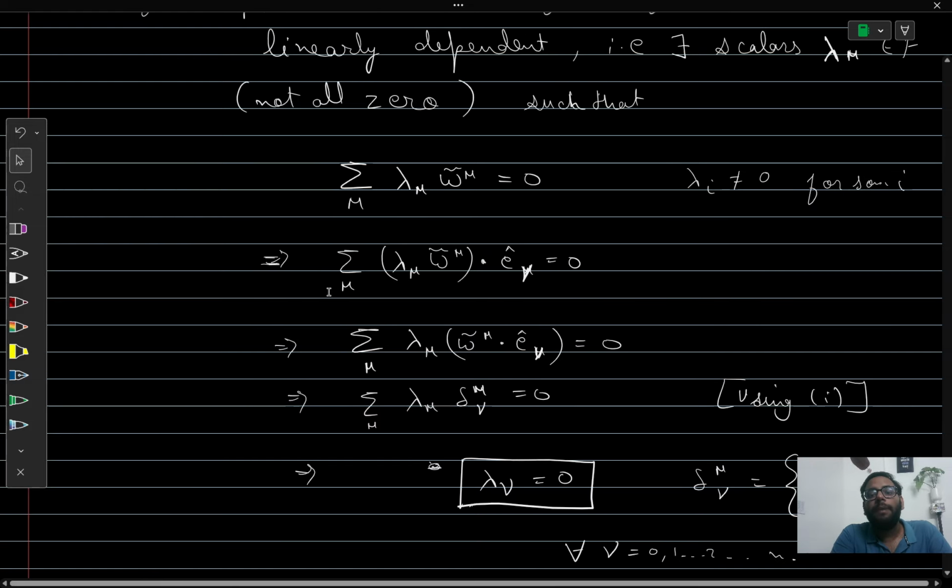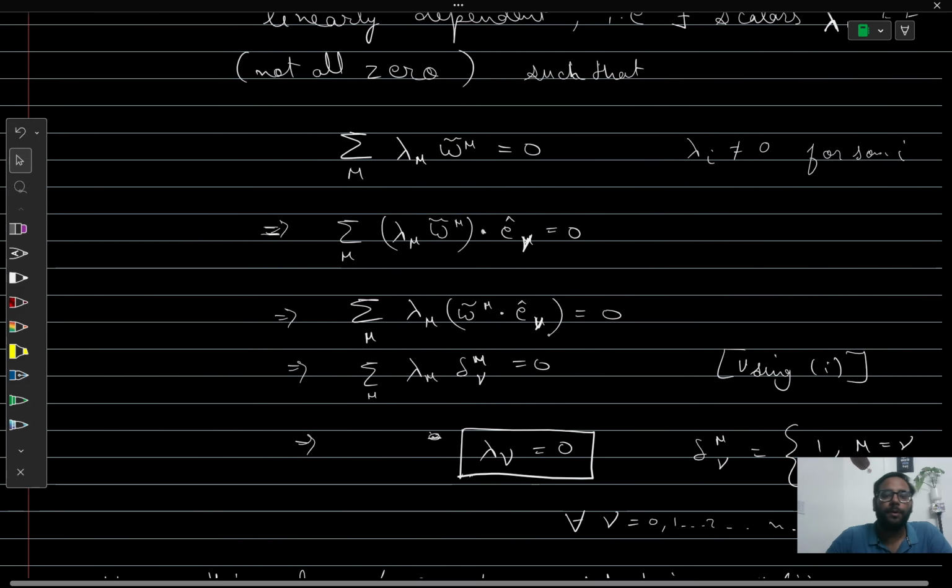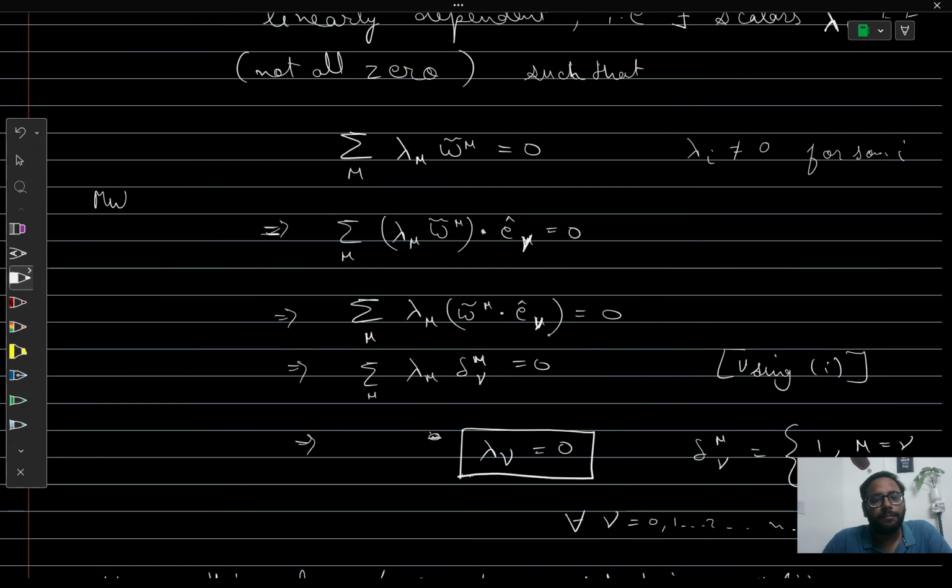So we assume that they are linearly independent. But by this application, take the inner product or dot product, whatever you want to say, with this, my basis, this is a unit vector.